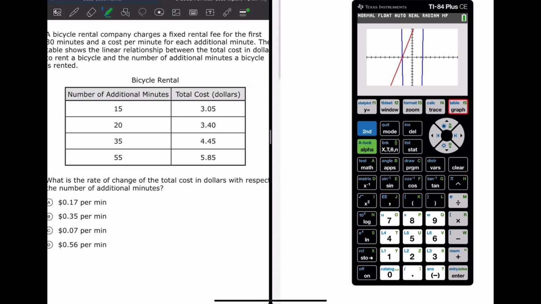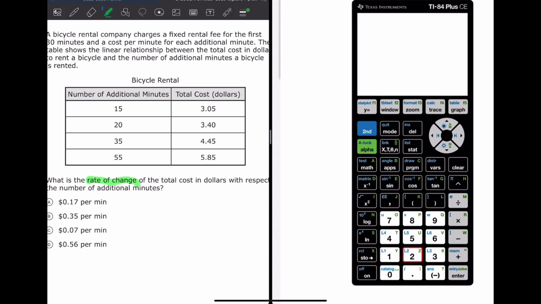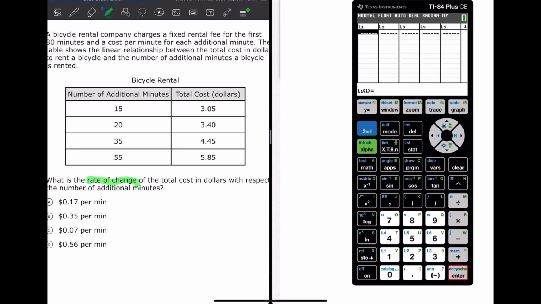I see a table, automatically start thinking about stat. We notice rate of change, we can use stat. List 1, you want to put all your x values.